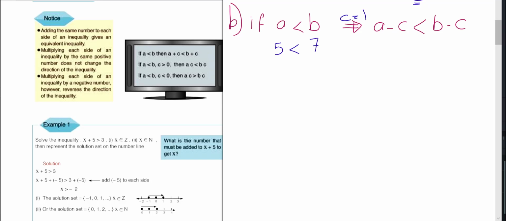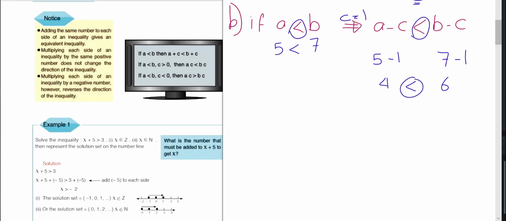Subtract 1 from both sides. I have 5 minus 1 and 7 minus 1. 5 minus 1 is equal to 4 and 7 minus 1 is equal to 6, and 4 is less than 6. So I have less than.